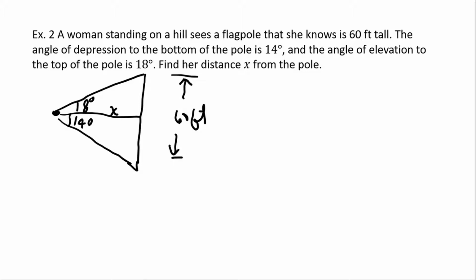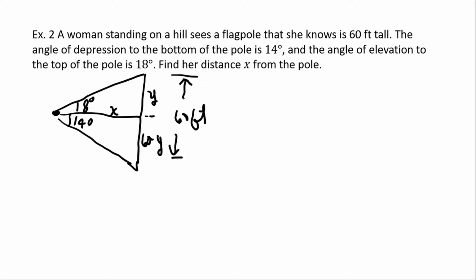That's the distance from her line of sight to the flagpole. Now, if we know that the flagpole is 60 feet in height, then we'll let one part of the flagpole just be the distance y, and the other portion would be 60 minus y.